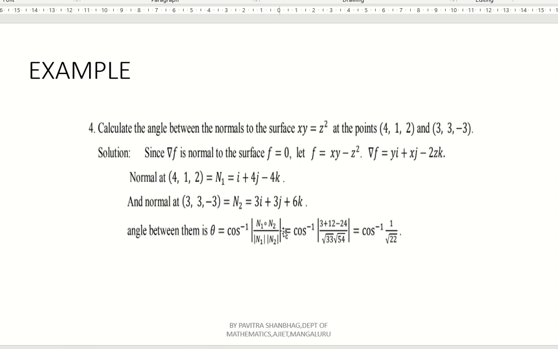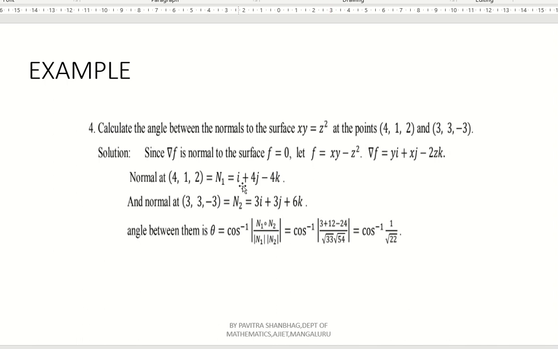So what is that? cos inverse n1 dot n2. Just find the dot product: 1i dot 3i means 1 into 3, that is 3, plus 4j dot 3j means 4 into 3, that is 12, minus 4k dot 6k means minus 4 into 6, that is minus 24, divided by square root of what?